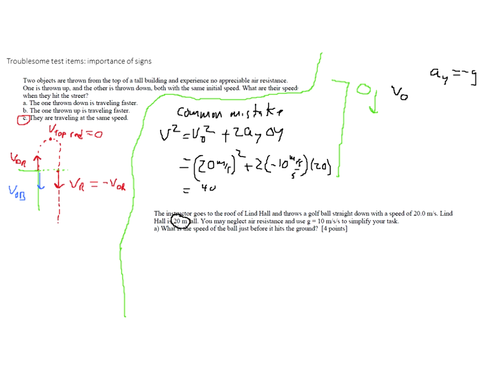So times 20, that's going to be 400 minus 2 times 10 is 20, times 20 is 400. So V equals 0 at the bottom. But that is not right.